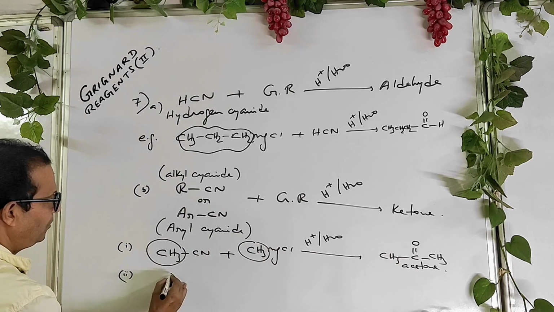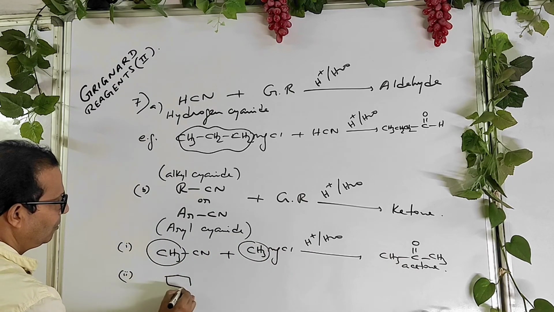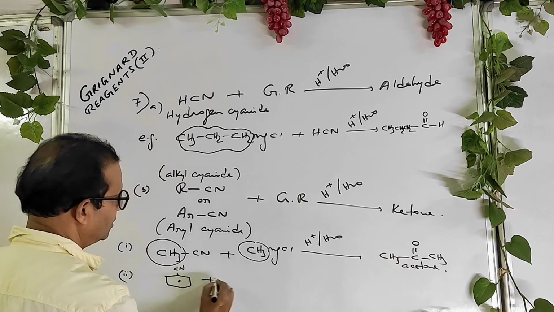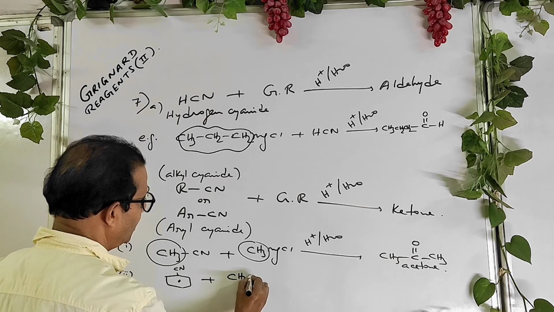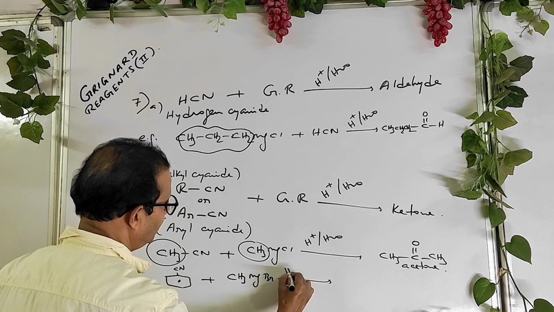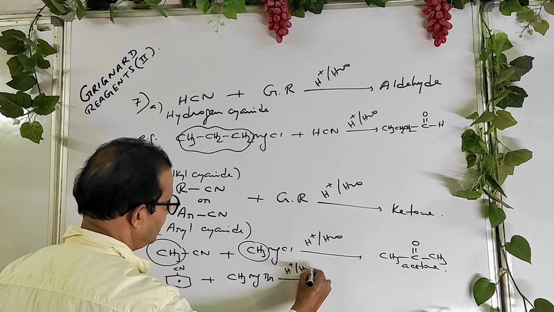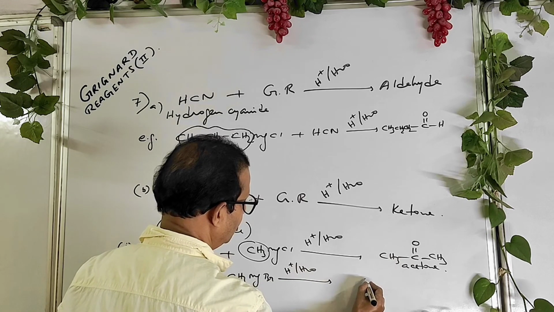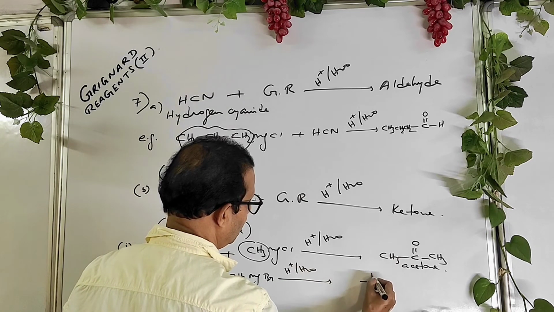Similarly, if you take cyanobenzene and any Grignard reagent, maybe chloride, bromide or iodide, followed by acid hydrolysis, you know that you get ketone. So draw the keto group.